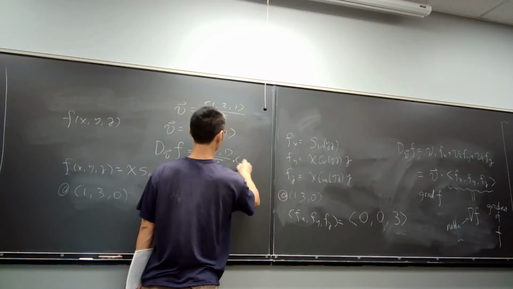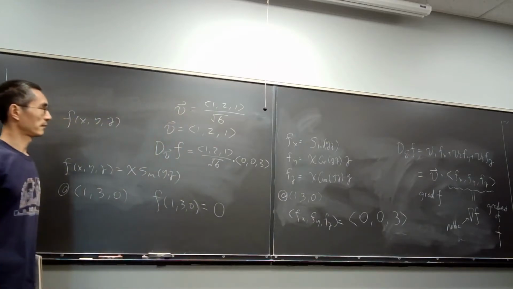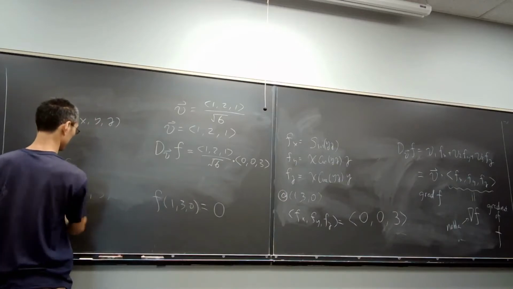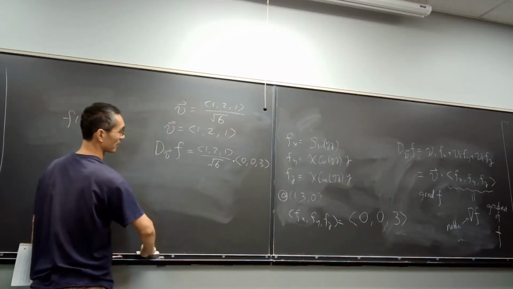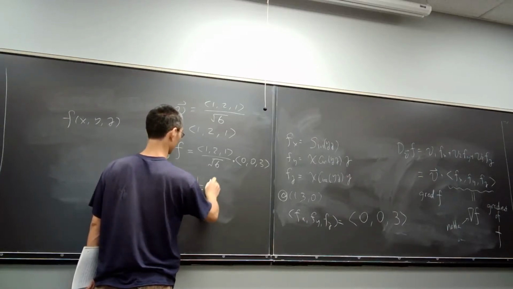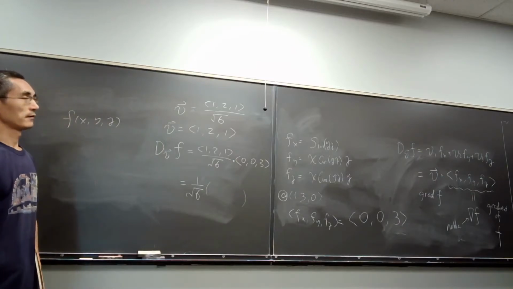Whatever, here, 0, 0, 3. Okay? And what do you get? Let's look at the square root of 6. That's pretty easy, we have so many zeros.